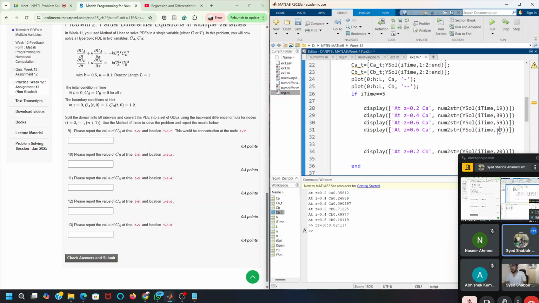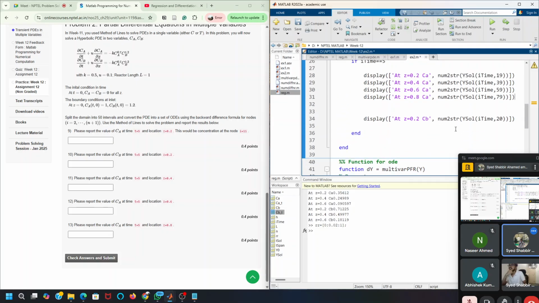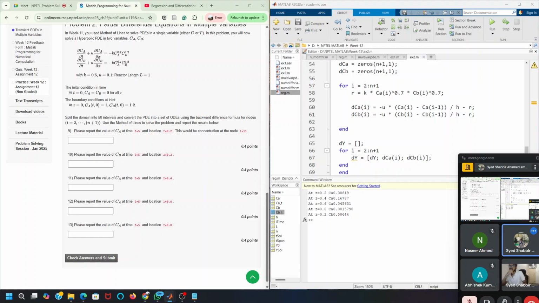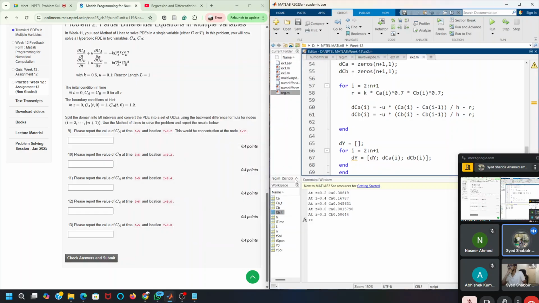Take 0.8 also, another 20 steps ahead. Just run it, getting this plot for the solution for various times.